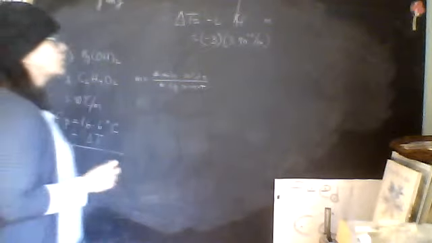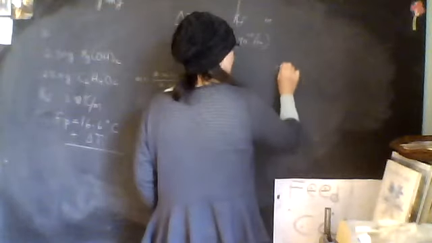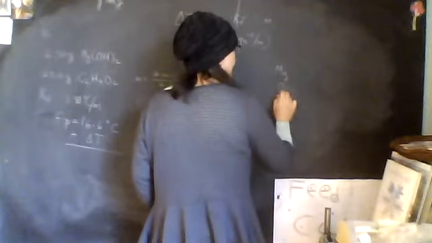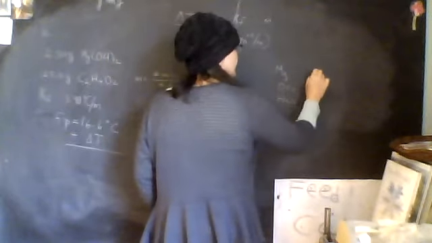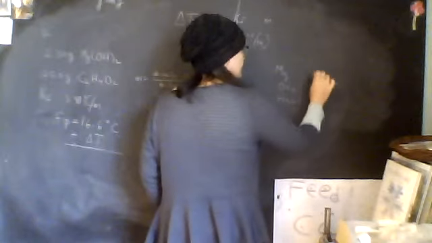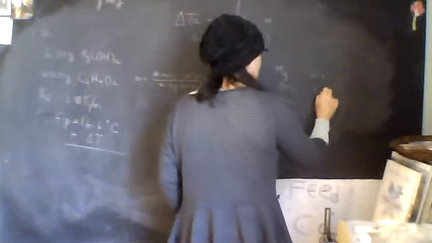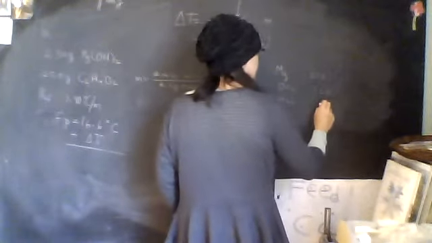Let's figure out how many grams per mole we have for Mg(OH)2. Magnesium is 24.3. We have 2 oxygens, so that's 16.0 times 2 is 32.0. And hydrogen is 1.01.